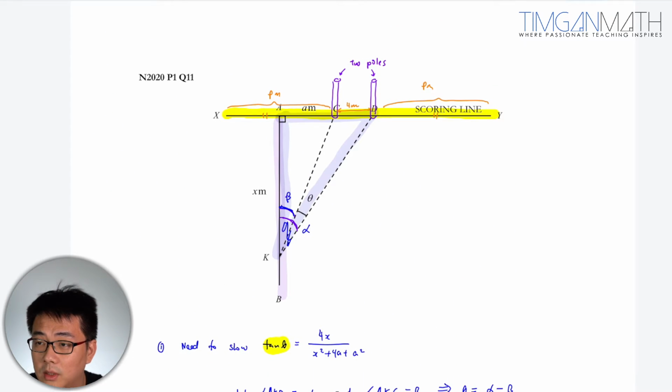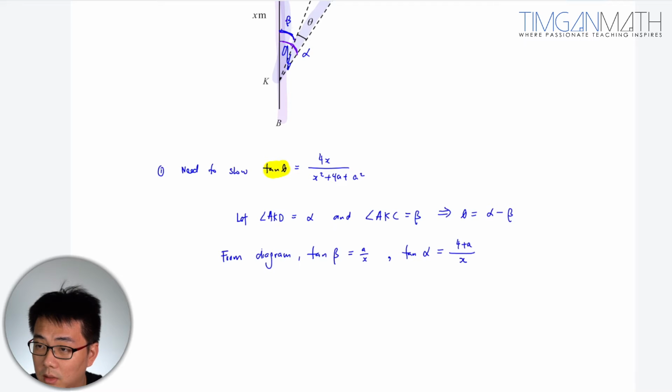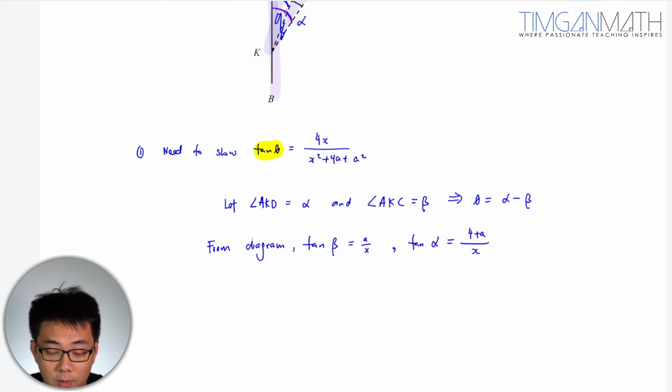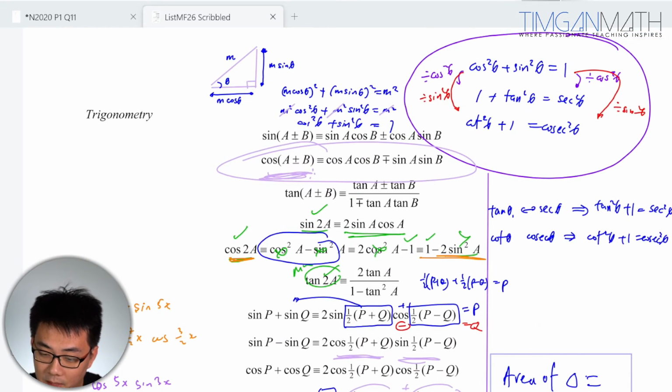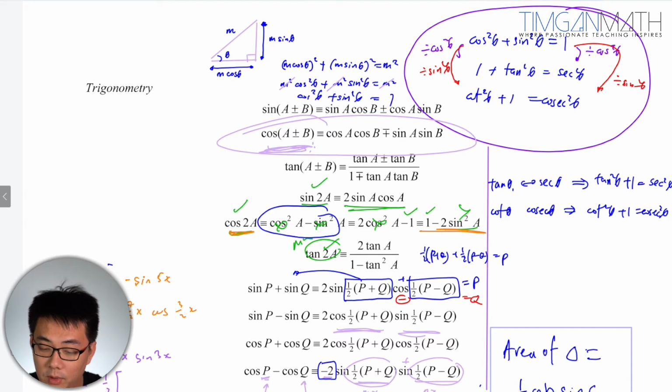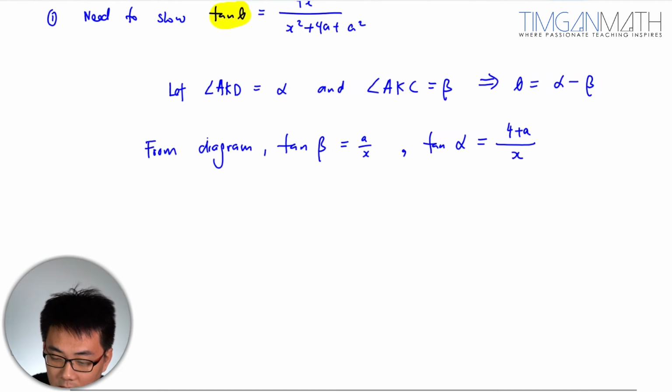Then, because we want to find tangent theta, we're going to use the formula from MF26, the tangent a minus b formula. So let me bring MF26 out. Yeah, there you go. I'm going to use this formula because I have the tangent ratios of alpha and beta.